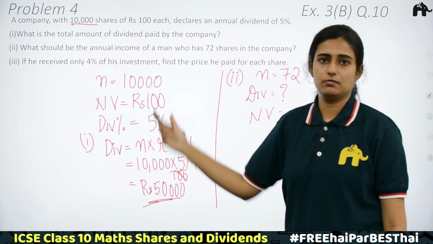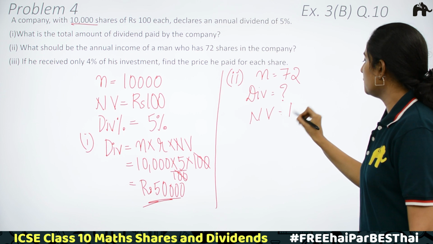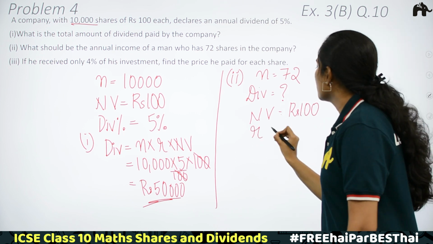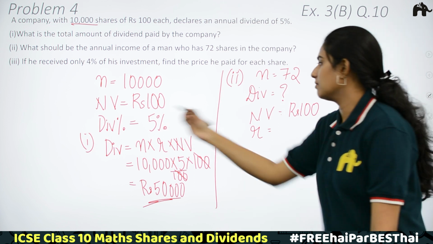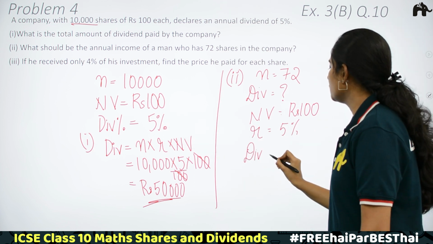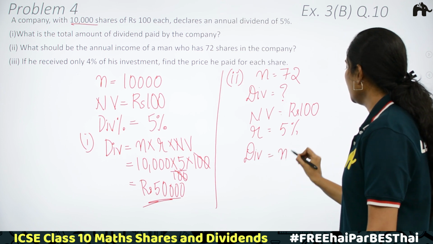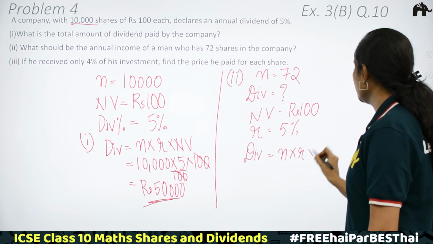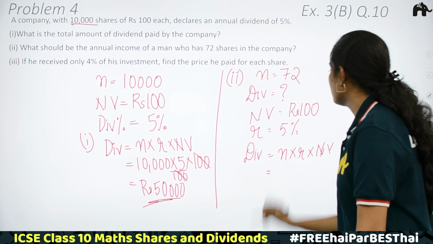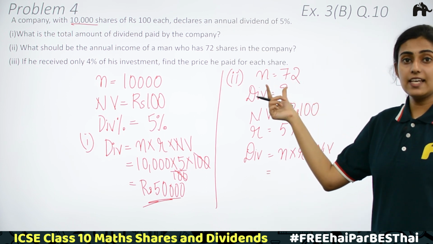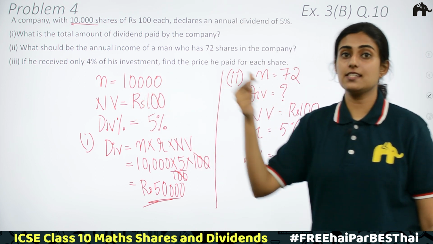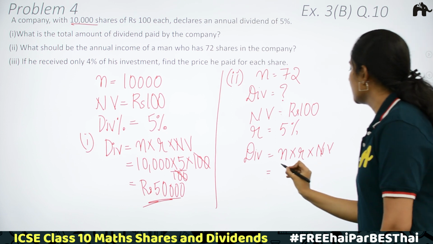Nominal value is the same, rupees 100. Then rate of dividend, same, that is 5%. Dividend is equal to N into R into NV. What is N here? In this case, N is 72. In the previous case, it was 10,000. Just the value of N is changing.